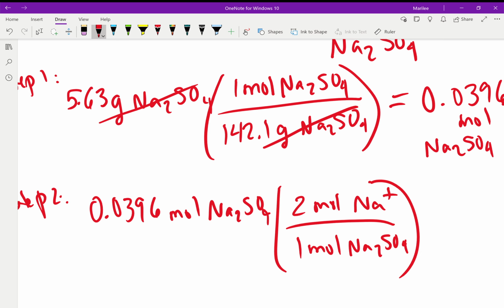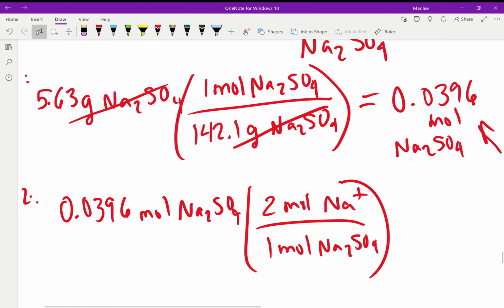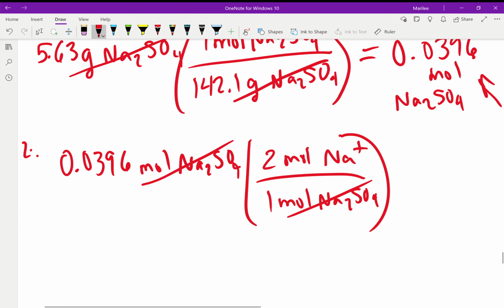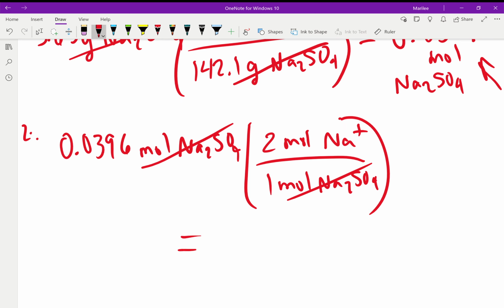So when we do that, these cancel out, and we are left with, multiply it by 2, 0.0792 moles of Na+. And that's your answer.